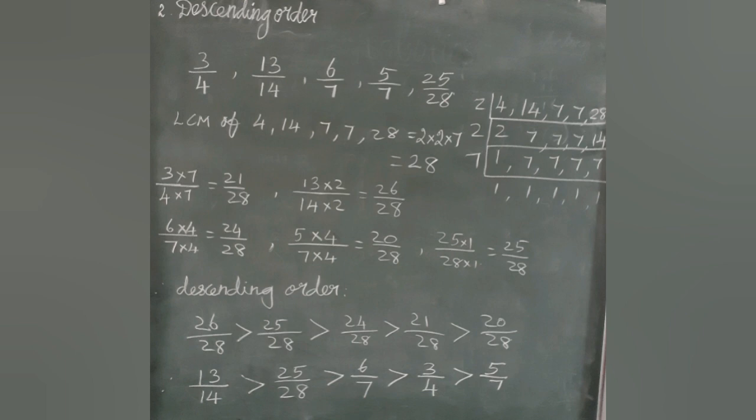Now, we got the same denominator, isn't it? Now, we can arrange in descending order. So, we got 13 by 14 greater than 25 by 28 greater than 6 by 7 greater than 3 by 4 greater than 5 by 7. Okay.